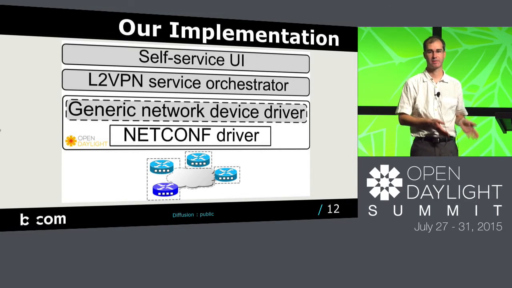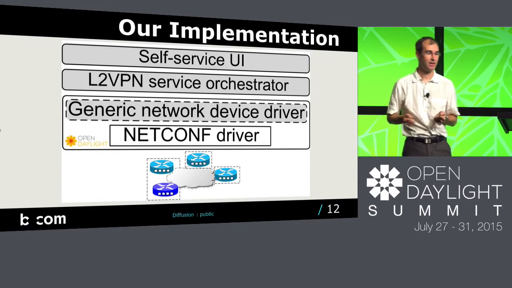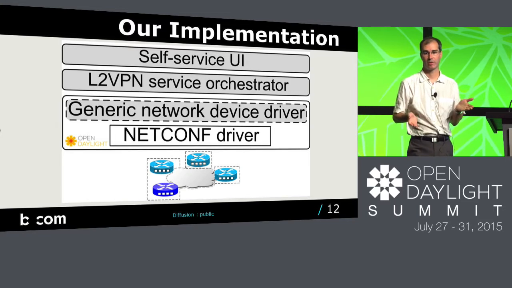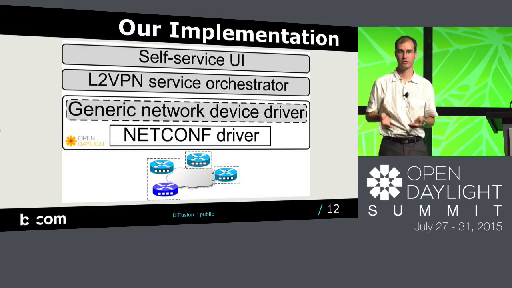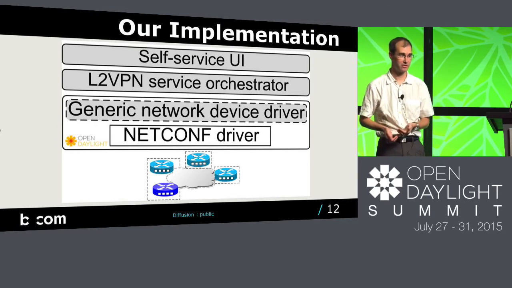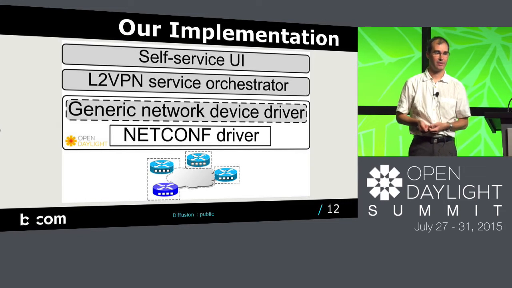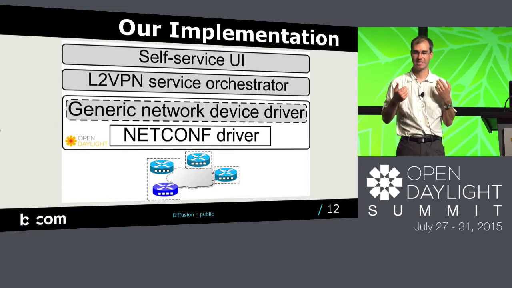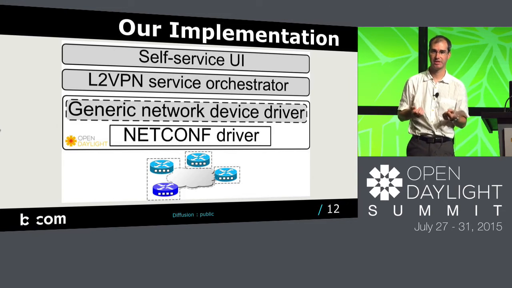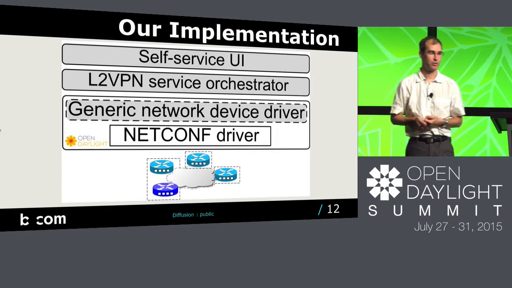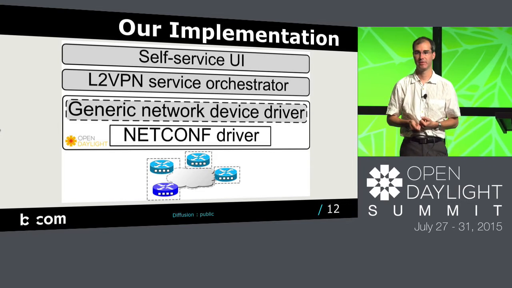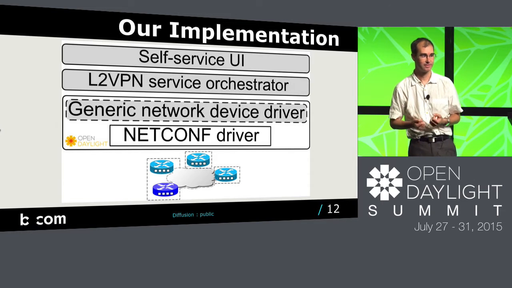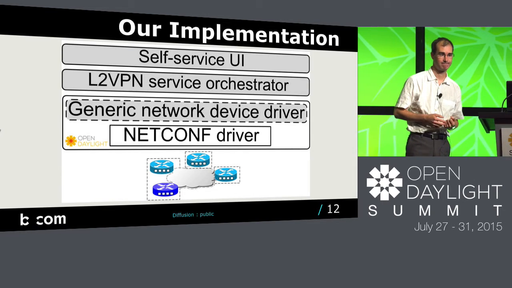The UI will pass the creation orders to the service orchestrator, which will do the work that normally the technical services do at operators. Then that orchestrator will pass the operations needed to configure the devices to the generic network device driver, which is the piece of software that provides abstraction in our system.